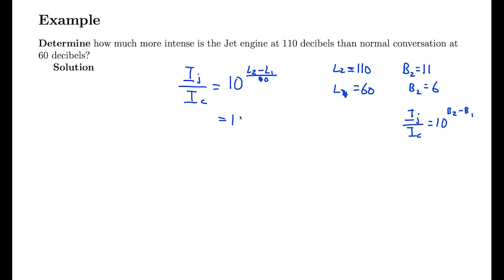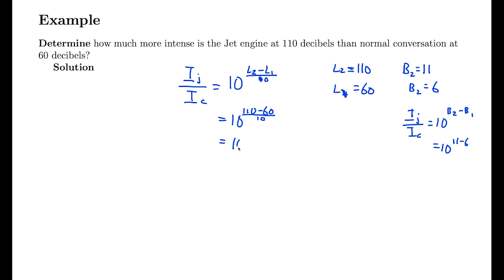Let's say 10, so we have 110 here, 110 minus L1, which is 60, so put 60 in here, and then according to the decibel formula, we're going to be dividing by 10. If we were working in the bells, it would be using 11 minus 6, but it equals the same thing.